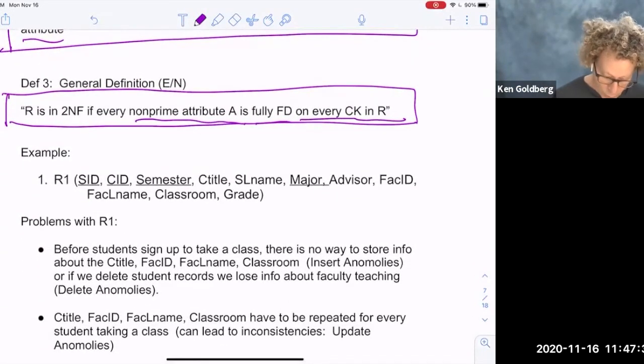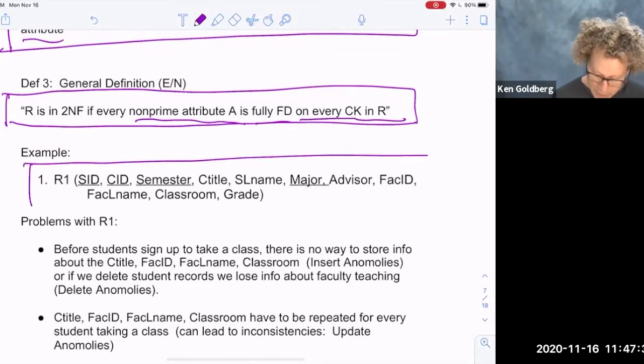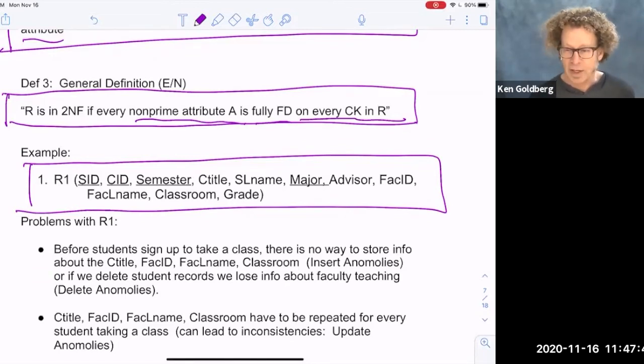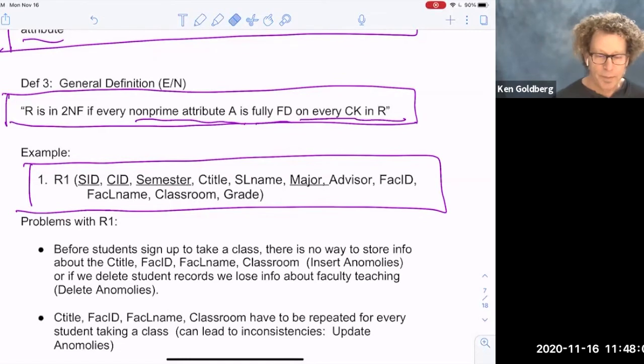Here we have R1. Remember, we fixed the business of the multi-valued attributes, but R1 still is not ideal. So we want to look at it and ask, what else could go wrong here? Again, if we're setting up classes, as we're doing right now for next semester, before students sign up, how would I put in this information about the faculty ID in the classroom plans?